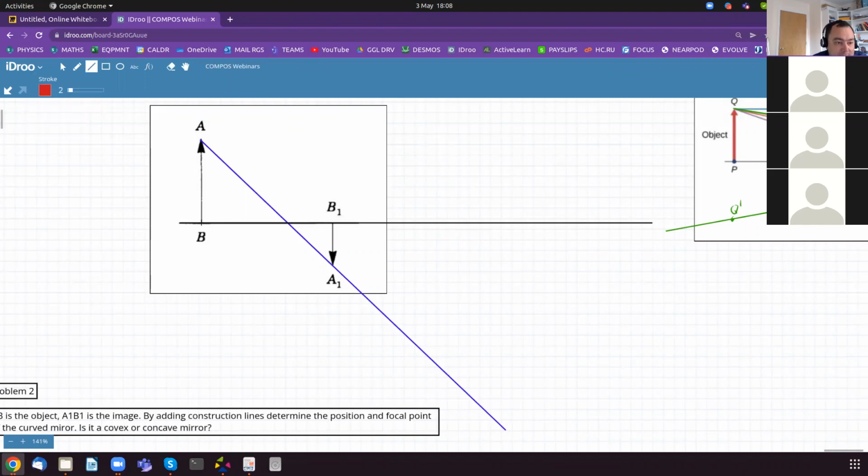So in real life, you would use a compass. And you measure the same distance down. And here's your point A prime. So a point A prime is symmetrical to, actually, why would I delete that? Symmetrical to A.